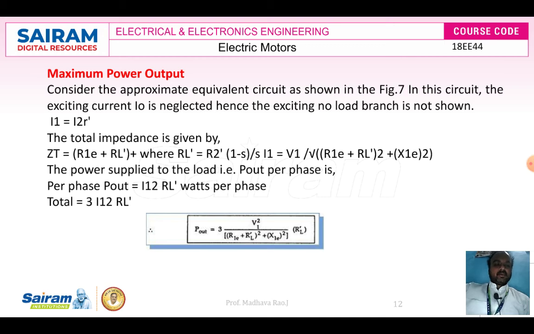Stator current is equal to rotor current in the running condition. The total impedance of the induction motor is ZT equal to R1e plus RL' plus jX1e.